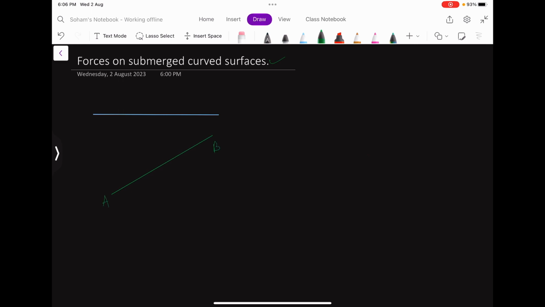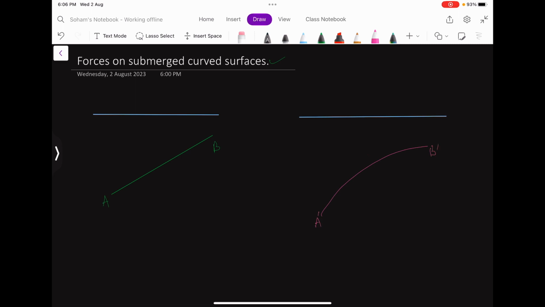Now in a different situation, I have a free surface and, let us say, I don't have a flat surface like AB, I have this curved surface A dash B dash.